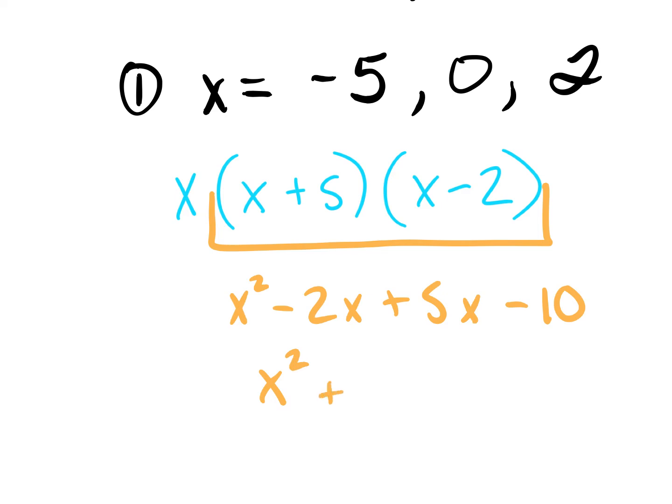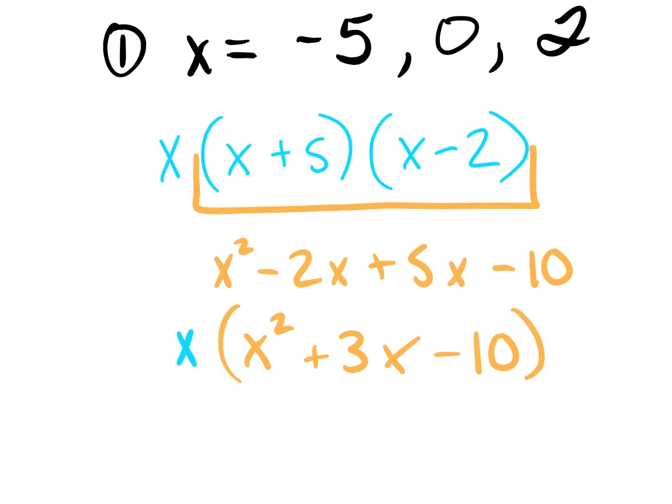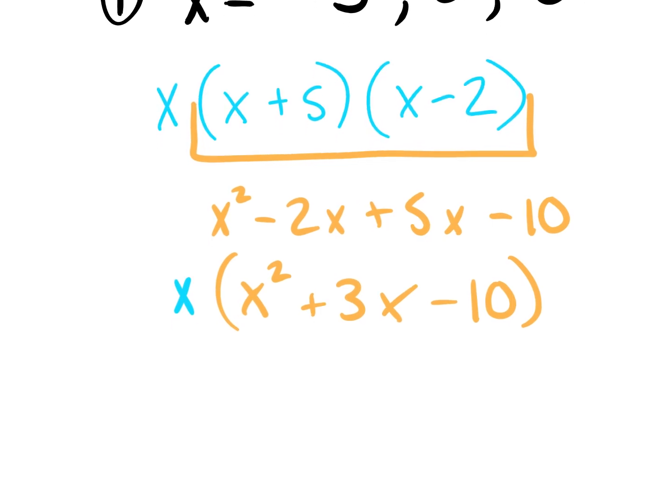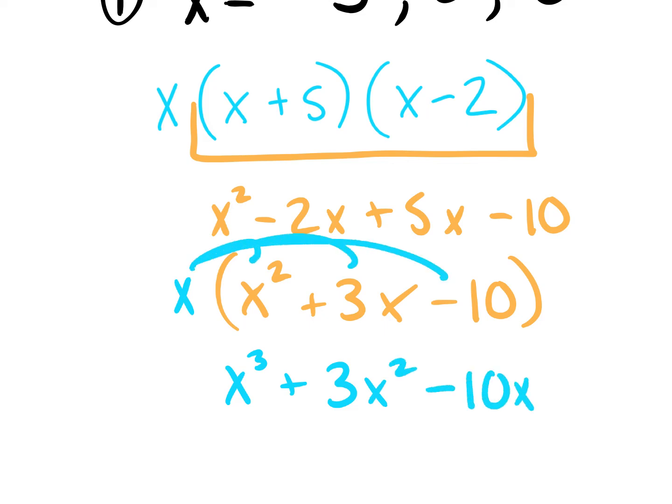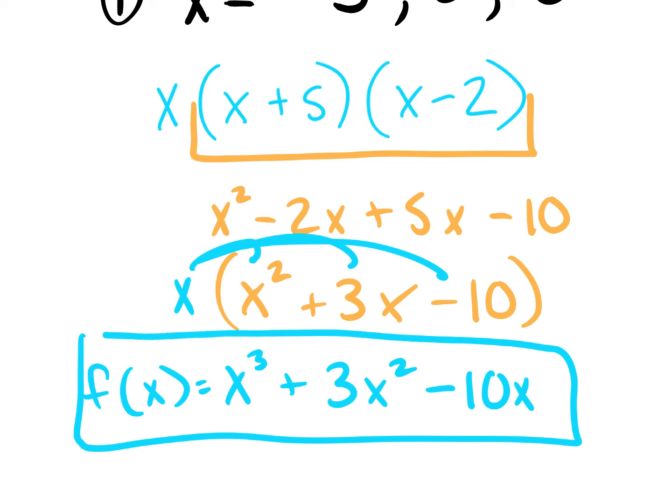So x squared plus 3x minus 10. And then I still have that x on the outside, so what should I do next? Distribute. So this becomes x cubed plus 3x squared minus 10x. I just distribute that x to everything on the inside. And once I'm done, just make sure you name it with an f of x.